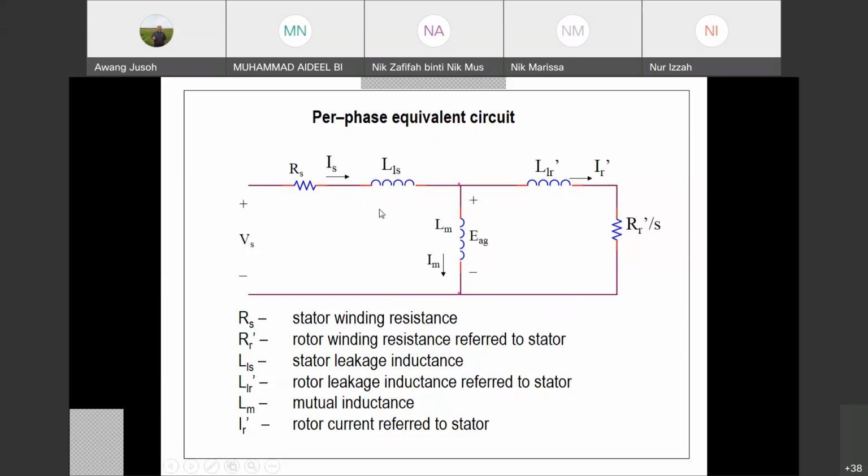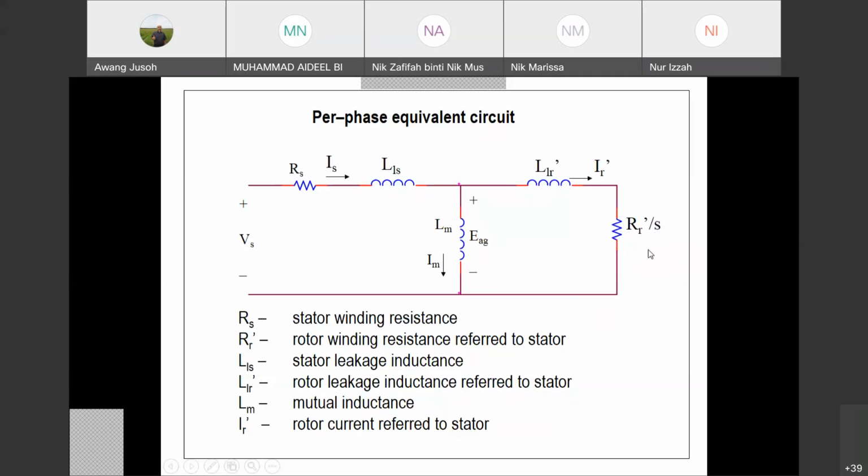Then you get the starting torque, starting current, starting power factor, starting efficiency, everything based on S equal to 1. If you are asked to find performance at full load, then you change S to S full load and do the same thing again: find the current, torque, efficiency and losses at full load, everything based on S.